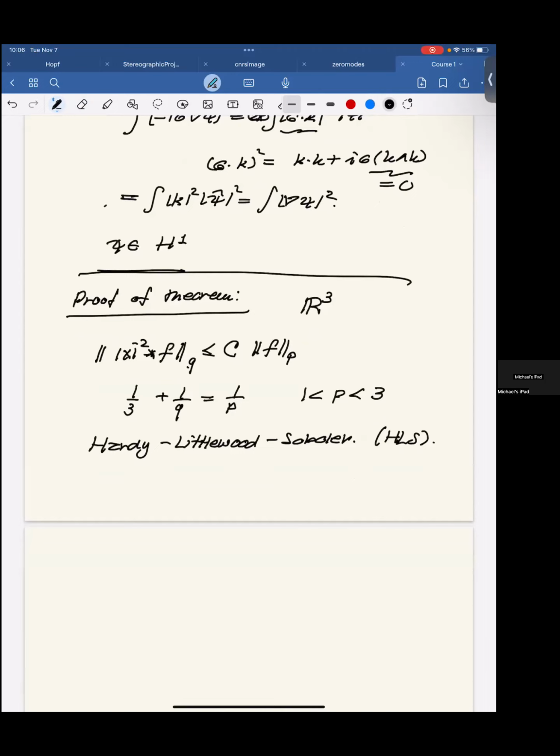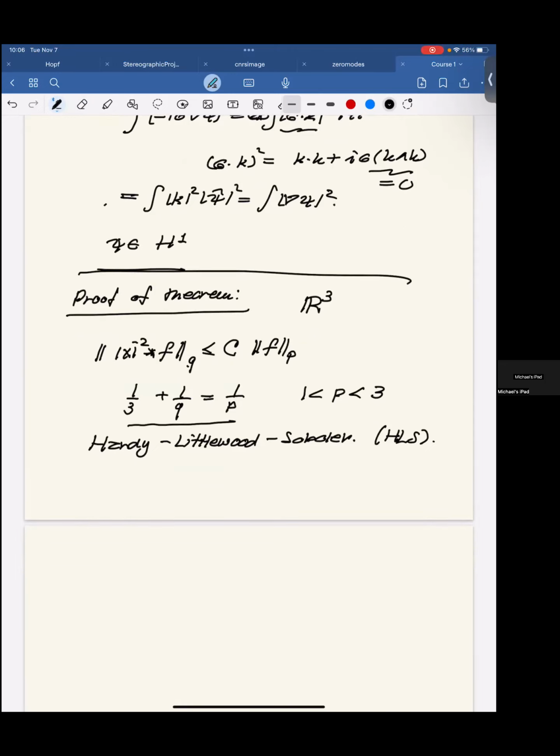So this is what we're going to use all the time. So remember that. You take a function, you convolve it with 1 over modulus of x squared. That turns out to be a function in L^q, provided f is in L^p and q and p satisfy this relation. That's what the story is. And p must be an index between 1 and 3.